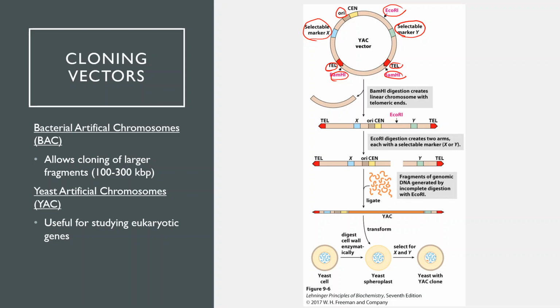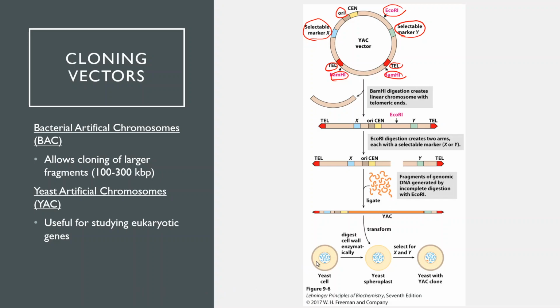And so there are some features of eukaryotic genes that a bacterial cell or bacterial transcription system won't recognize, and we'll talk about what those are later on. So the yeast artificial chromosome is good if you want to look at those DNA elements that are only found in eukaryotes.